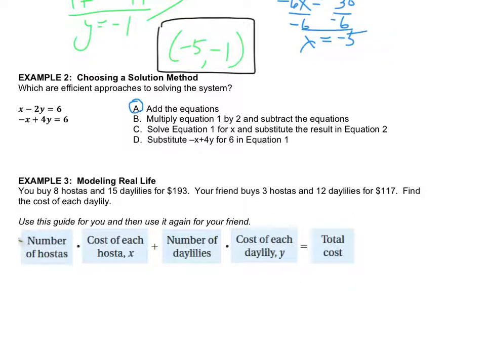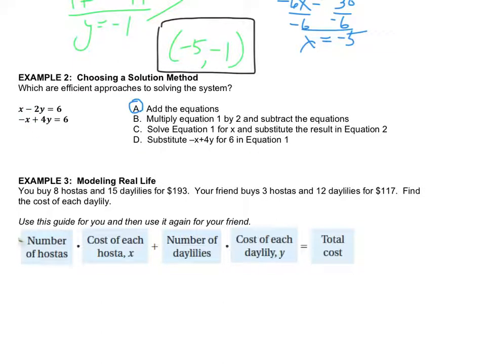The second one says multiply equation 1 by 2. All right, so if I take this first one and I multiplied it by 2, I would have 2x minus 4y and a 12. So that would look to be efficient, because I'd have this opposite. I'd have a negative 4 and a plus 4.